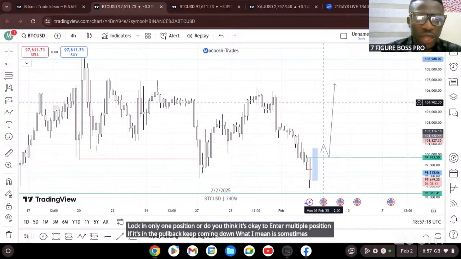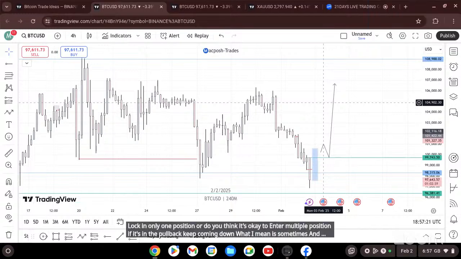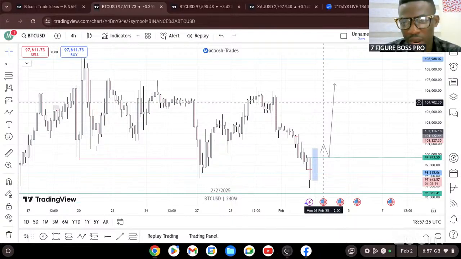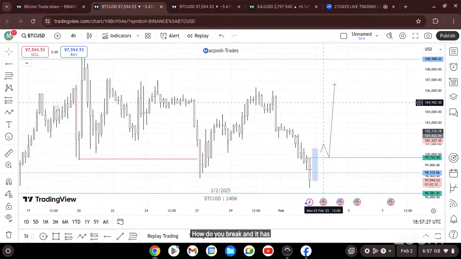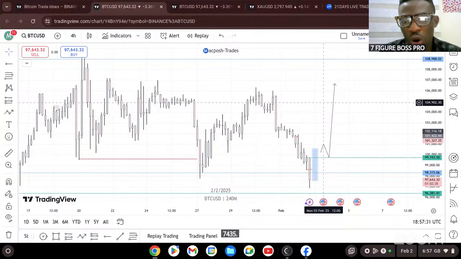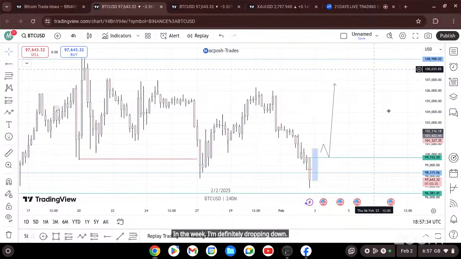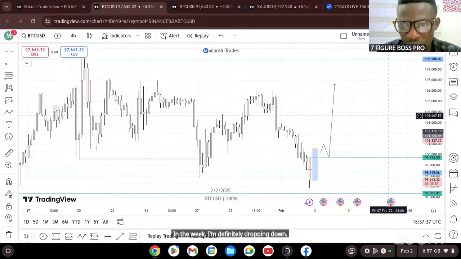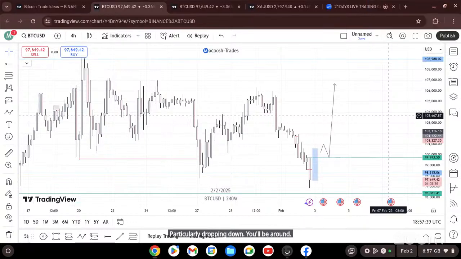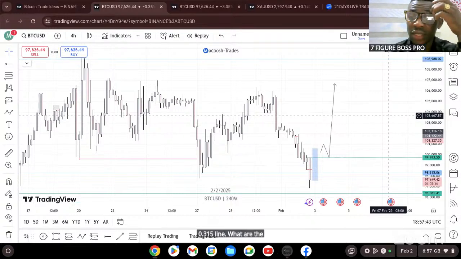What I mean is, on that 4 hours candle you have a pullback at the break. It returns pullback 9,74325. If it continuously drops down, maybe to around 98.315 line, what are the risk management entry types you are looking for?